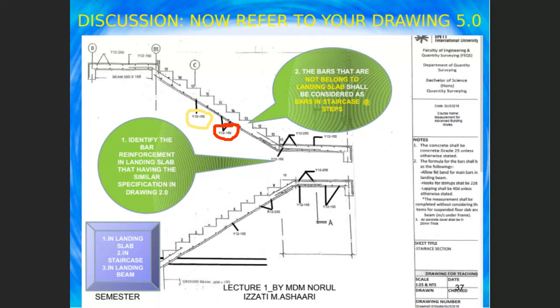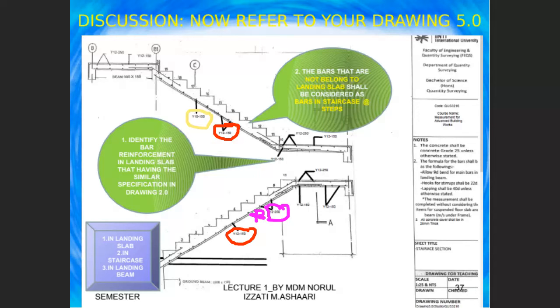This one is also Y12 at 150. Can you combine? Can. Okay, next one, a different color. Let's say I have pink, so you can see here R12 250. This R12 has to be measured separately inside the staircase.